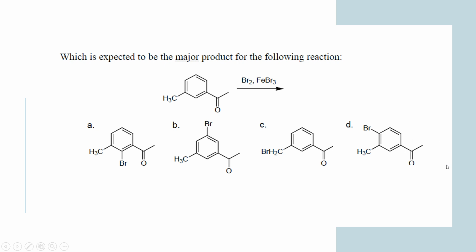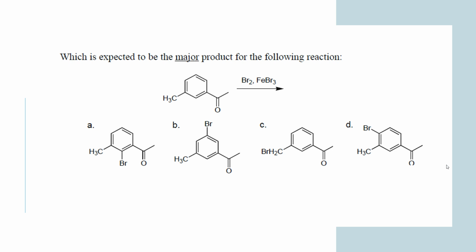Now let us talk about orthopara directing versus meta directing groups. When you have two substituents in a ring, one of which is orthopara directing and the other is meta directing, and they are competing with each other, the orthopara directing group always suppresses the effect of the meta directing group.